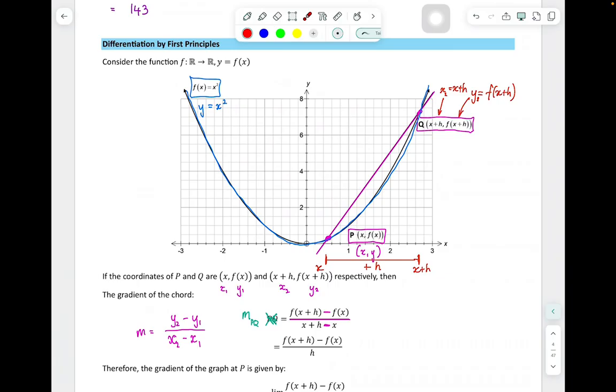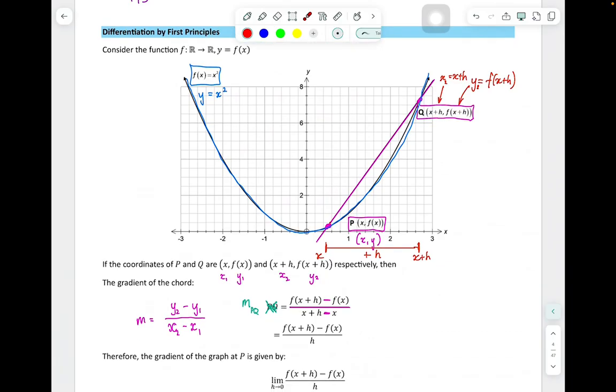So, we know how to find the gradient between two random points. But the idea of differentiation means that we are finding the gradient at one single point, which is the line of a tangent. So how do we find the gradient at a single point?